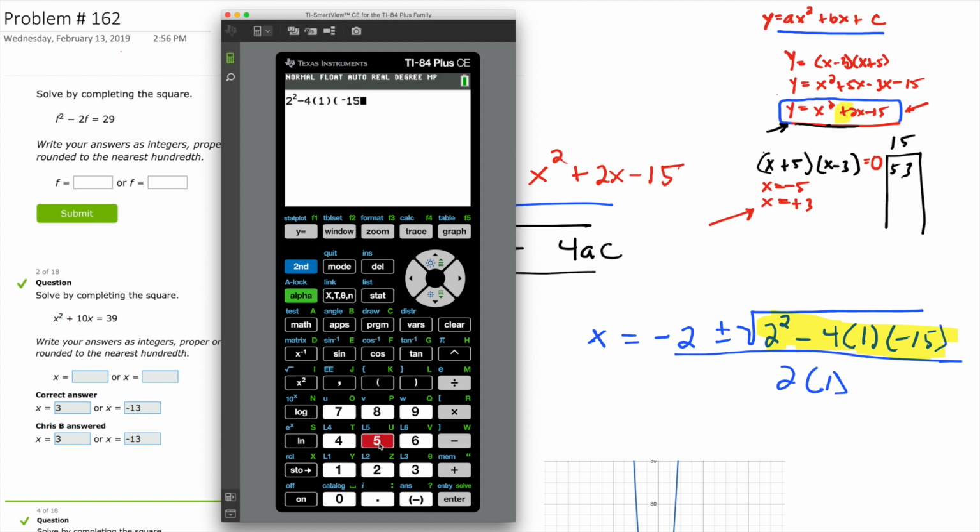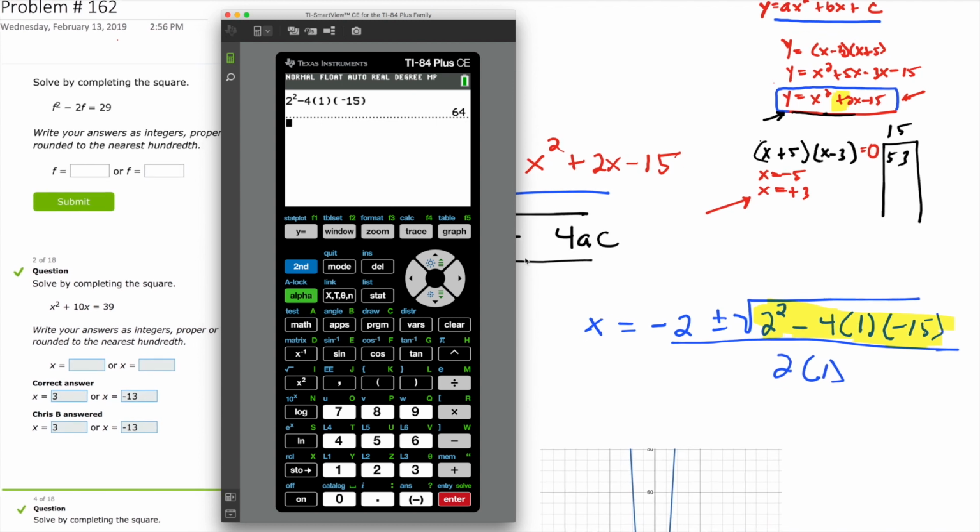Is there anything different from how this is to how this is right here? Nope. All right, so then we get that answer. There it is, 64.